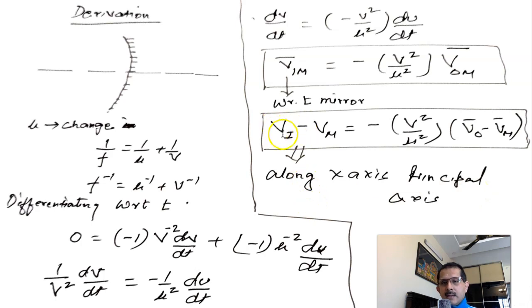So this is the final derivation we have, which we would be using, which relates the velocity of image, velocity of mirror, velocity of object, together, and this is along x-axis or the principal axis. Let's do some question related to it.